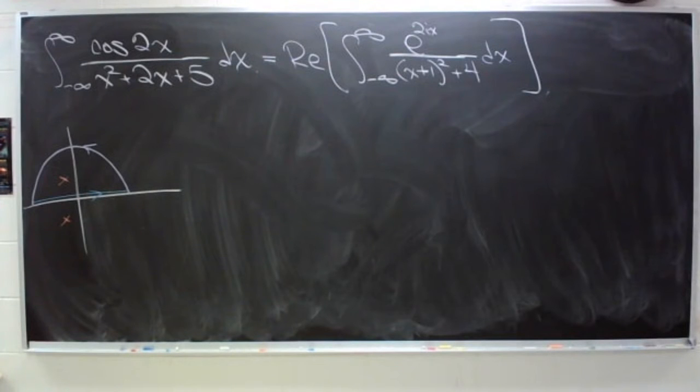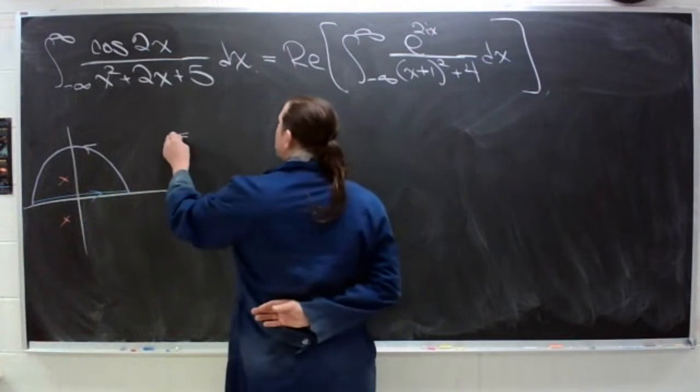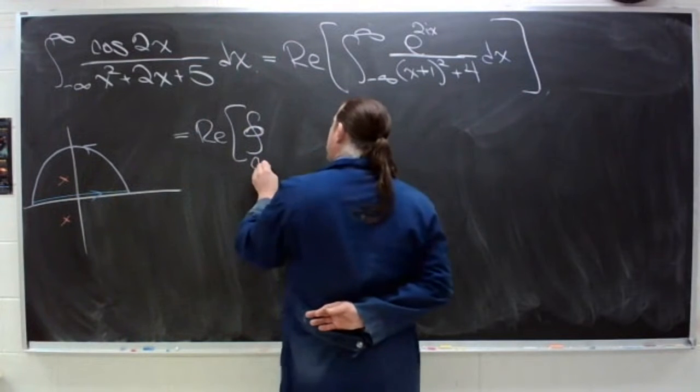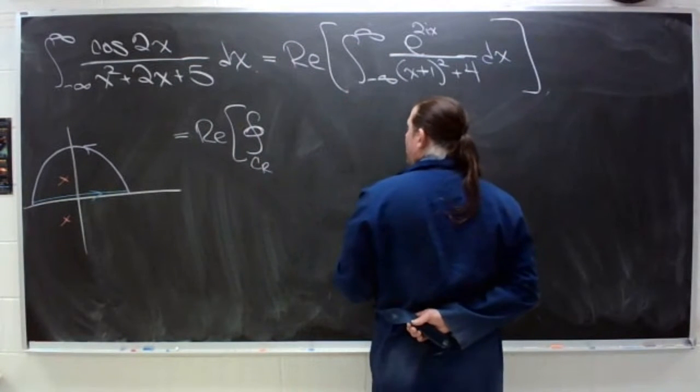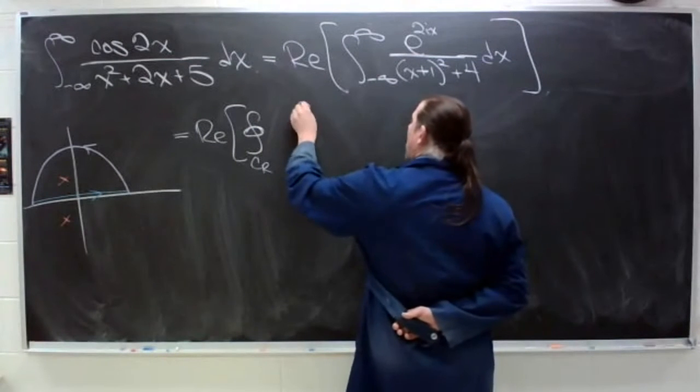And therefore, this is simply equal to the real part of the loop integral over this closed loop.